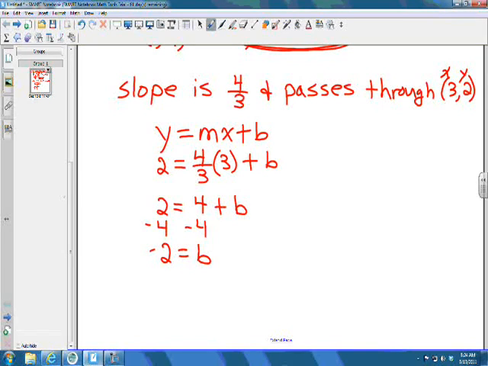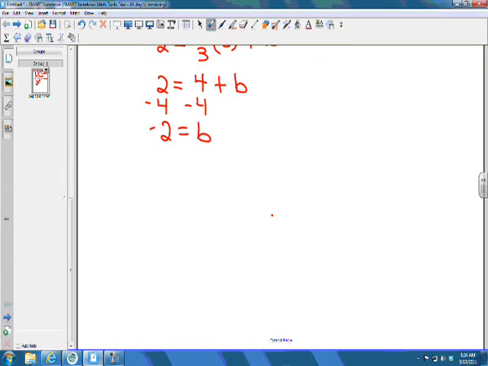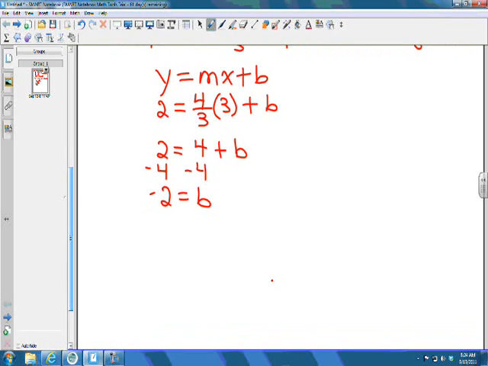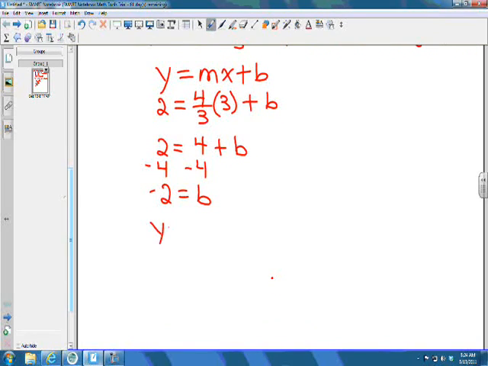Do we know m now? Do we know b? So we're done. We just got to plug the stuff back in. So y equals 4/3 x minus 2. Your b is negative.